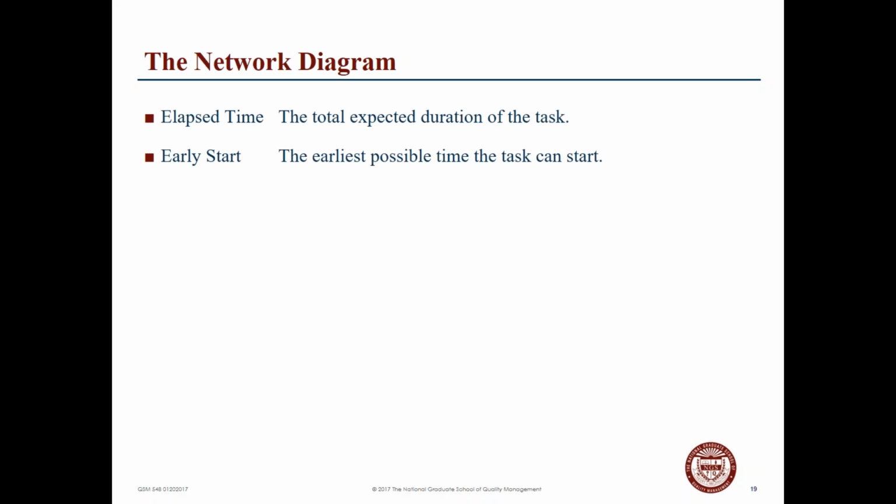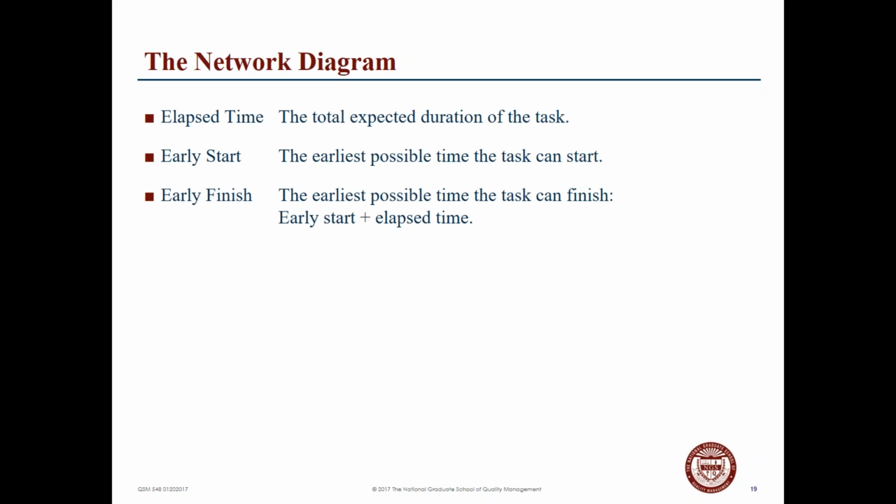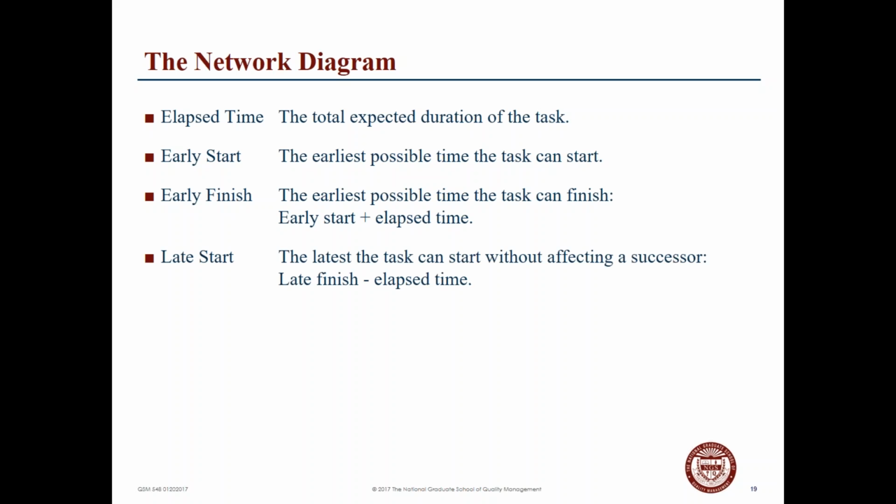Start time is the earliest time the task can start. Early finish is the earliest time a task can finish, which is the early start time plus the elapsed time. A late start is the latest a task can start without affecting a successor. So it's the late finish minus the elapsed time.